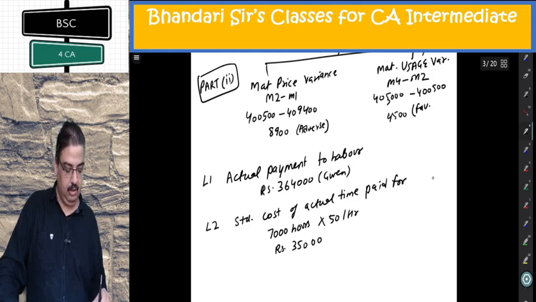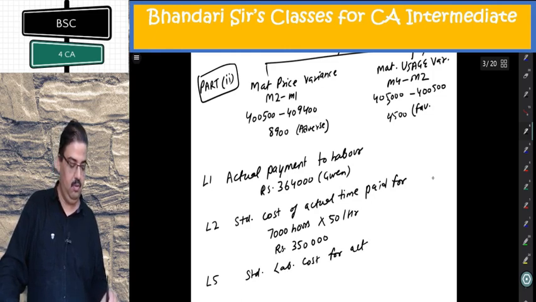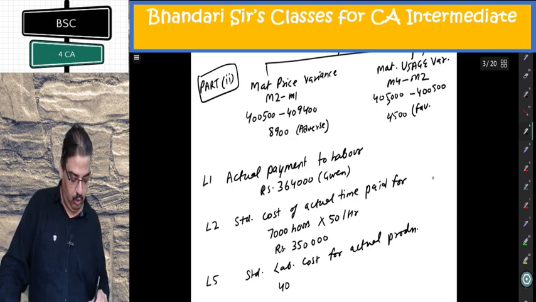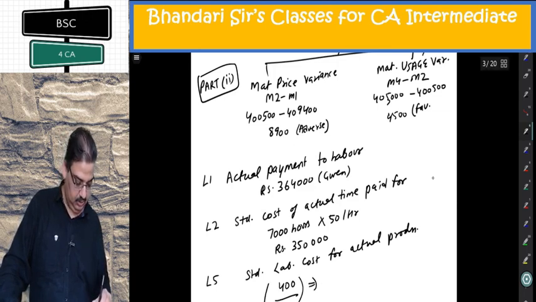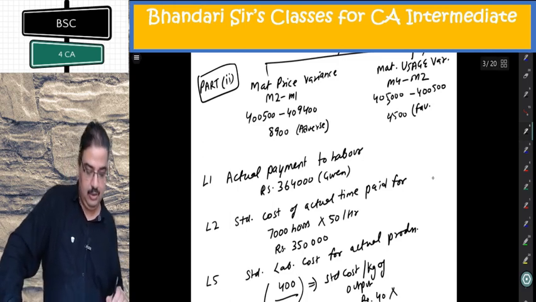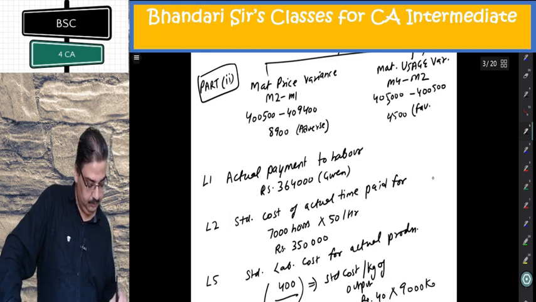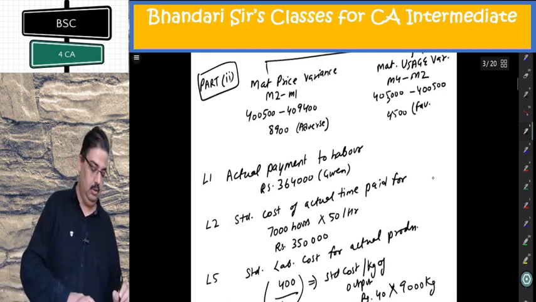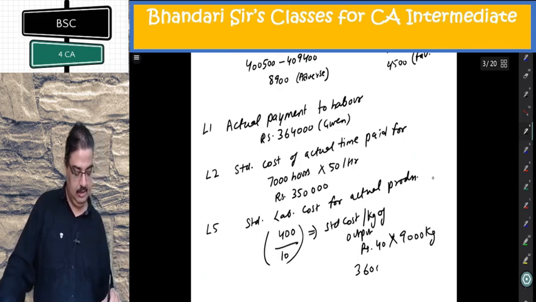Rupees 3,50,000. L5, standard labor cost for actual production. This is 400 divided by 10 kg. This is standard cost per kg of output. Rupees 40 multiplied by actual output 9,000 kg. This is 3,60,000.